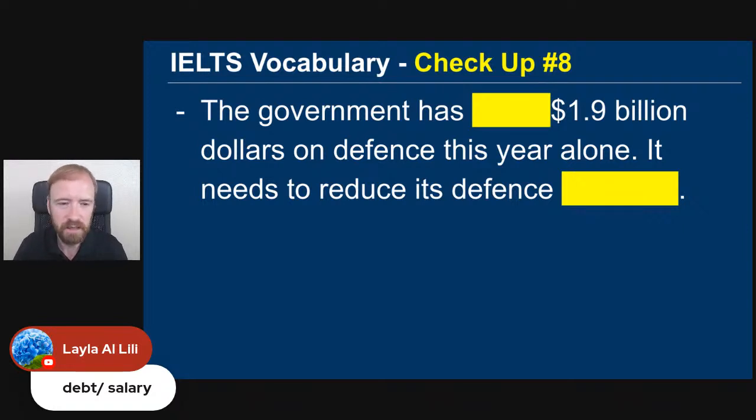Grammatically, we need a verb in the first sentence. Debt is not a verb. It needs to reduce its defense salary. The government doesn't get a salary.